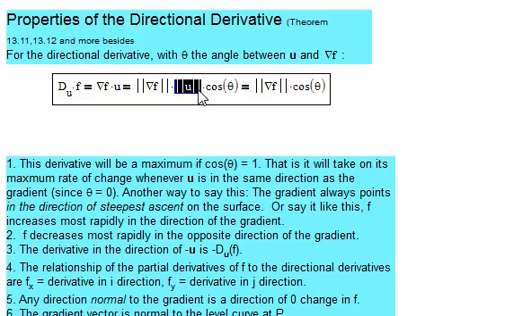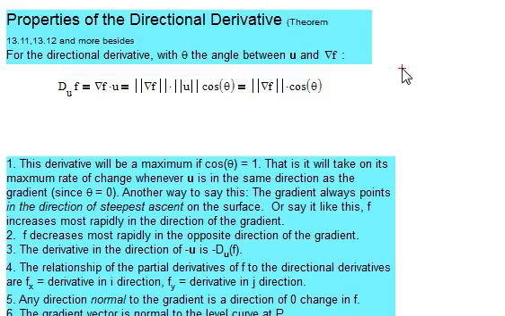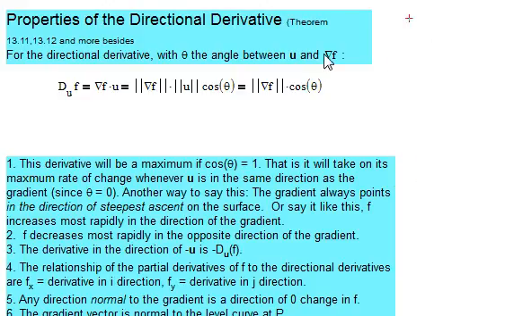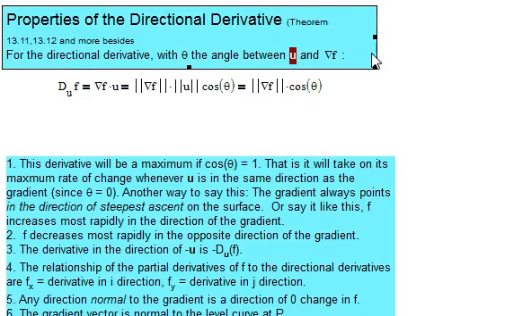And so since the length of the unit vector is 1, that just simplifies as the length of the gradient vector del f times cosine of theta, where theta is the angle between the gradient and the direction vector.